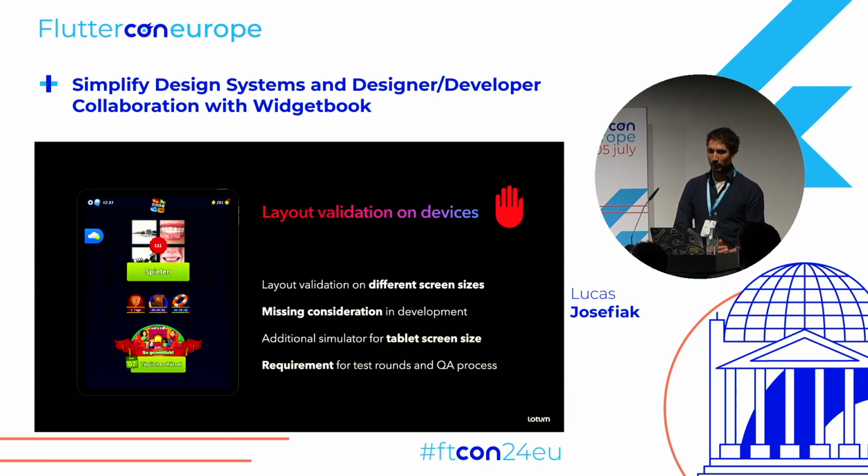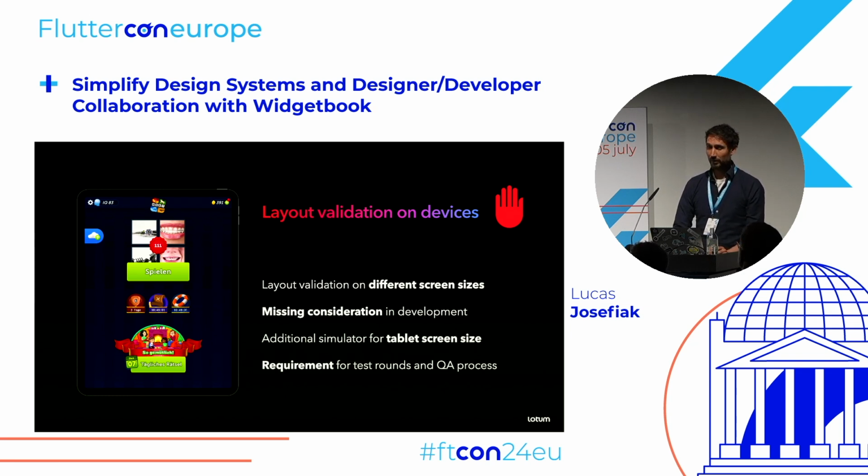Before using Widgetbook, we always had to validate our layouts on different devices because our layouts are self-scaled, but we have different screen ratios that need to be taken into consideration. We experienced a lot of times that this is something that is sometimes forgotten by the developer when developing a widget.